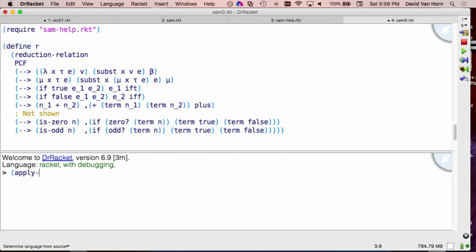So I can use this thing called apply reduction relation. What it takes is the name of a reduction relation, like R, and a term. So let's do the term 1 plus 2. And what we get back is a list, because we get back a list of things that term reduces to in one step.